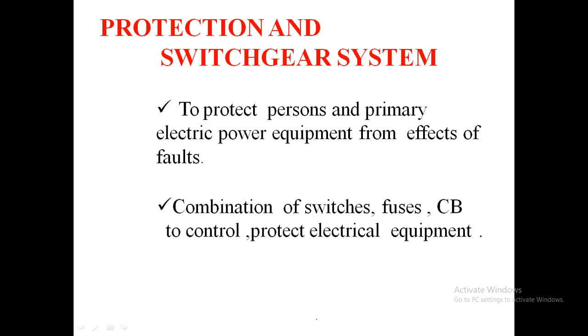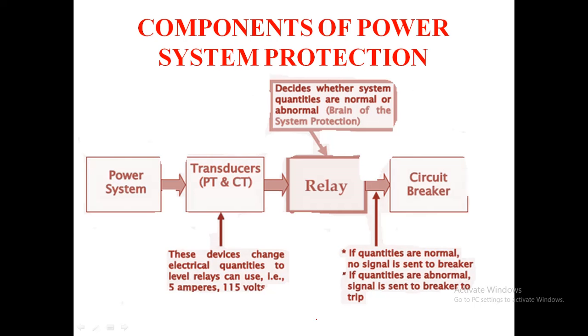The next topic is protection and switchgear systems, mainly to protect a person and primary electrical power equipment from the fault. It is also a combination of switches, fuse and circuit breaker to protect or control the electrical equipment. These are the components used in our power system protection.